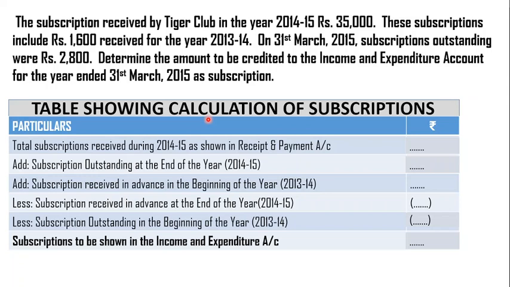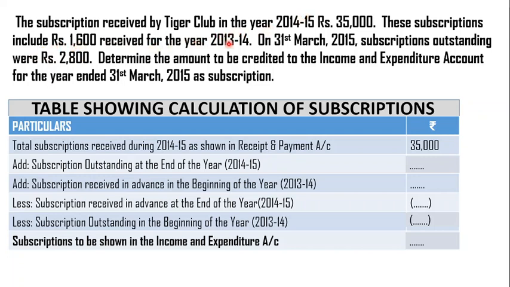If you understood this table, you can easily place the values and find it out. So what is the first one? Total subscription received during 14 and 15. So this is the amount of subscription received by Tiger Club in the year 14-15, which you are going to write here. These subscriptions include 1600 which is received in this year.